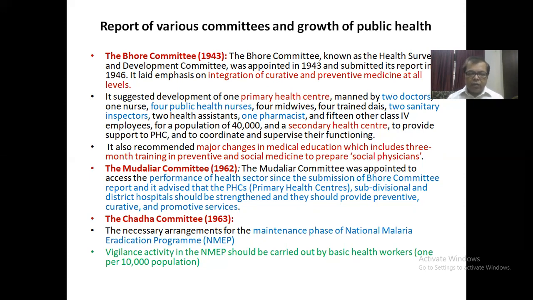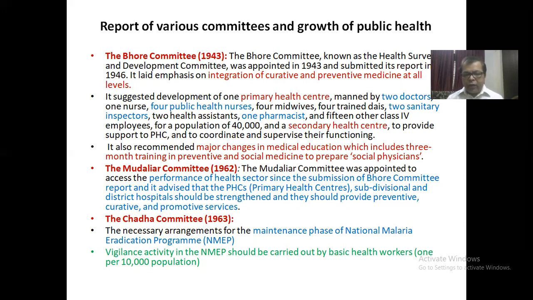Then comes the next committee, that is the Chadha Committee. In the year 1963, it considered the necessary arrangements for the maintenance phase of the National Malaria Eradication Program. Now, here we see that this committee is talking about specific things, the maintenance phase of the National Malaria Eradication Program, and it also says that vigilance activity in the program should be carried out by basic health workers, 1 per 10,000 population.